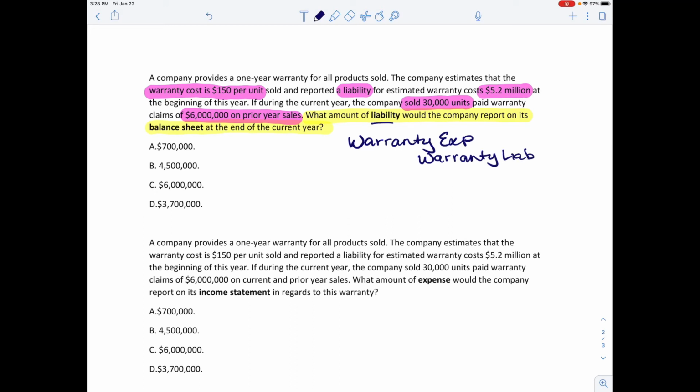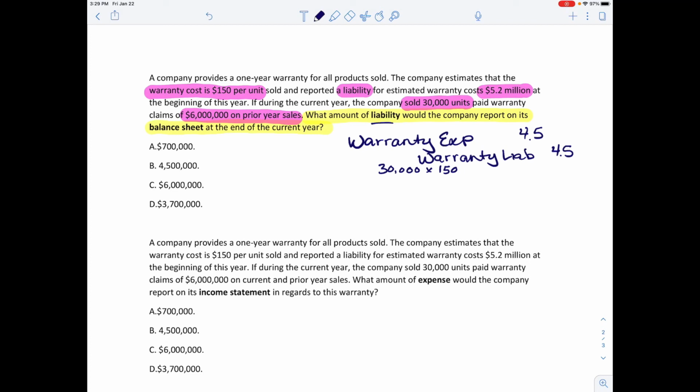And here it doesn't really matter what those names are necessarily called, as long as you have an understanding of what accounts it should be going to. So I got 4.5 million because there's 30,000 units sold and they each expect $150 of warranty cost. So I make sure I got that piece of it done.